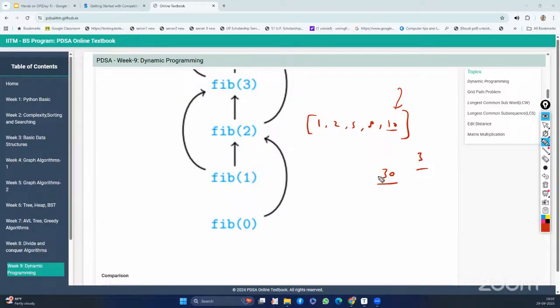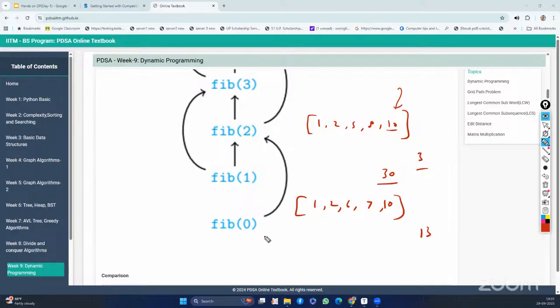Most of the time you will feel that this works on some test cases and is correct, but this is not always true. Suppose the example is given like this: coins 1, 2, 6, 7 and 10, and the amount is 13.